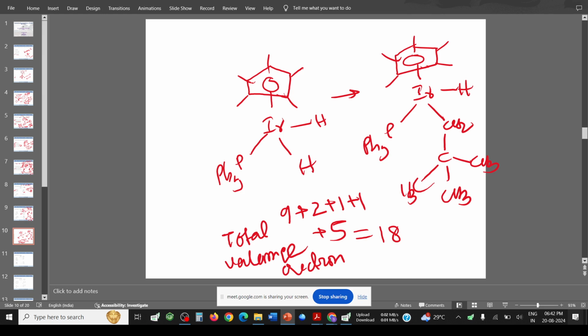In this also, it obeys 18 electrons. Yes. So it is more stable. Yes. Okay, so counting the valence electrons for different complexes is very much important.